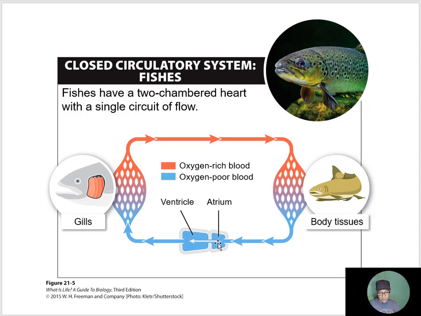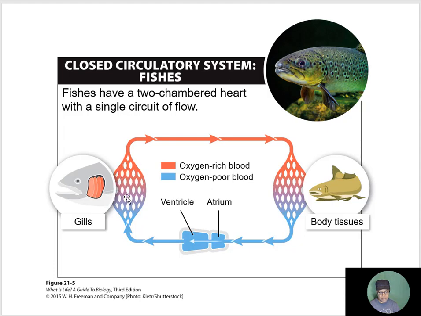So here we have the atrium. Because of this color coding, you can see that this is the deoxygenated blood returning to the heart, comes into the atrium first, flows into the ventricle, comes through, goes to the gills where it picks up oxygen, right?